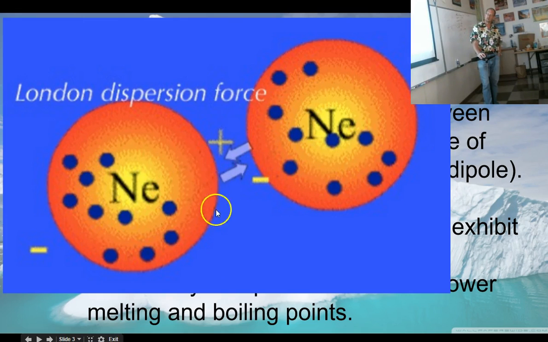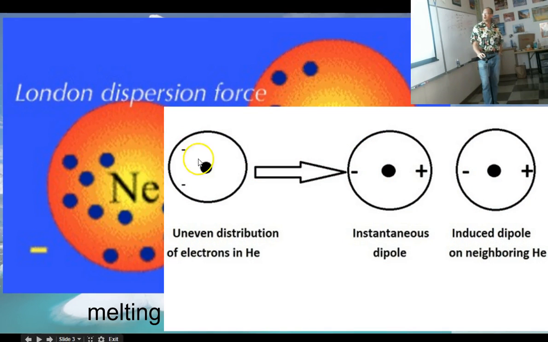But as soon as the electrons spread back out, that attraction force is gone. So uneven distribution of electrons in a helium atom could cause a momentary dipole, and then that could even induce a dipole on a neighboring helium atom, which would make them attract each other. But as soon as one of them cancels out, the other one will cancel out too, and that attraction is over.